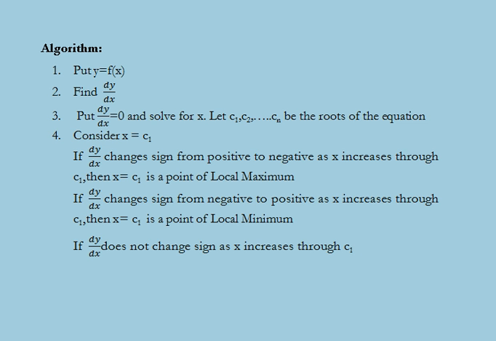And if dy by dx does not change its sign as x increases through c1, then x equal to c1 is neither a point of local maxima nor a point of local minima. In this case, x equal to c1 is a point of inflection. In a similar manner, we may deal with the other values of x.